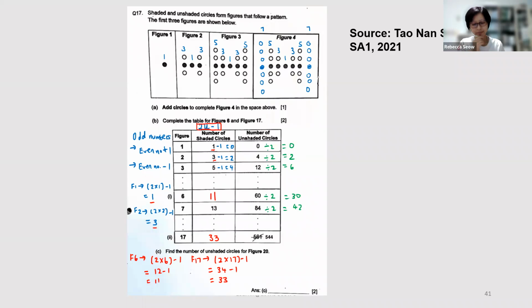I noticed something. I noticed that if I were to take the number 2, let's say from figure 2 itself, and multiply it by 1, I would end up with 2.